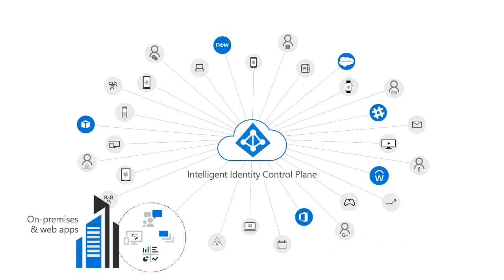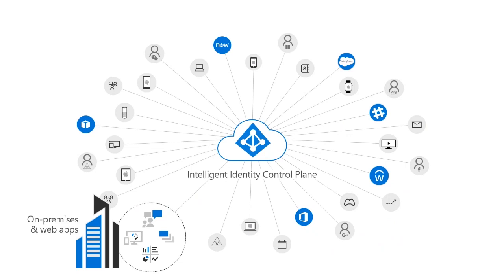If you are following the industry and also Microsoft, then you might have heard about the term zero trust, where we say we don't trust any device, we don't trust any network location. A user has to always authenticate and be authorized to get access to that information.